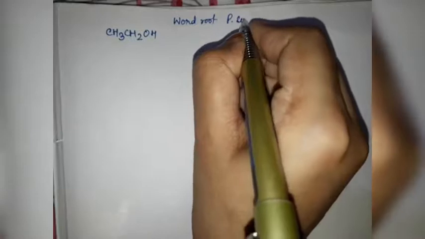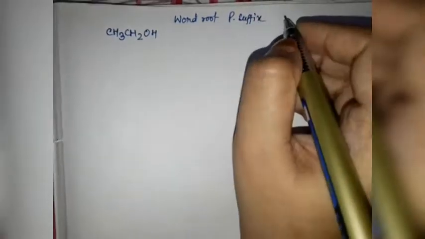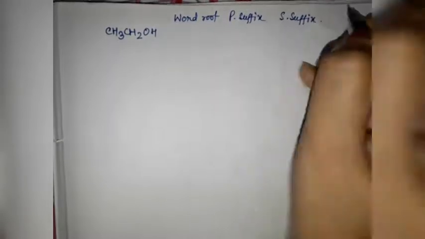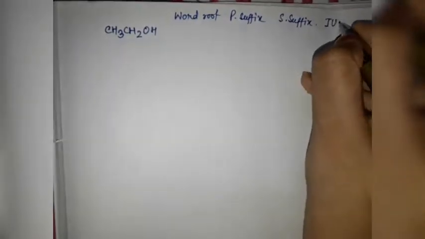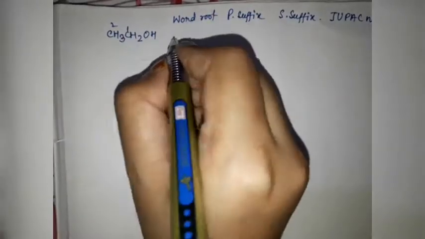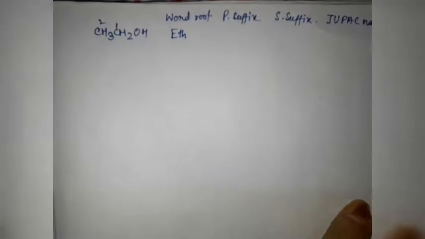So word root, primary suffix, secondary suffix, then IUPAC name. Here 2 carbon atoms are there, so it will be eth, word root, and primary suffix will be "-ane", right?